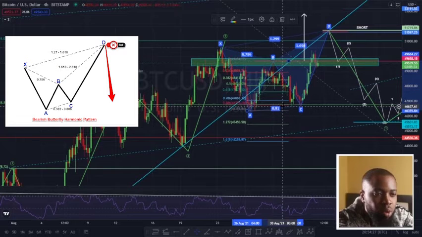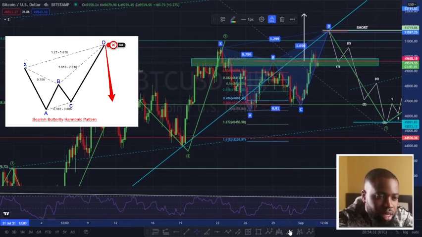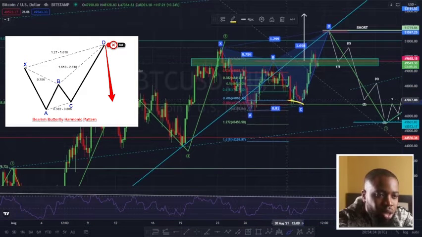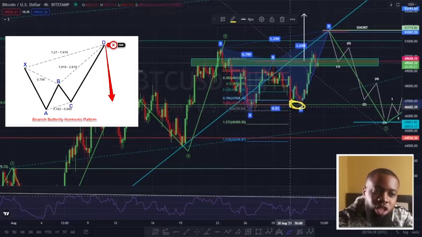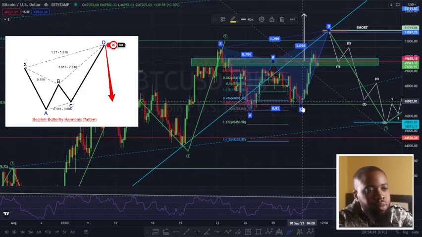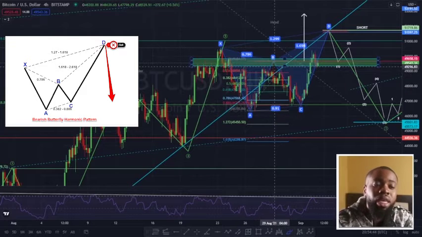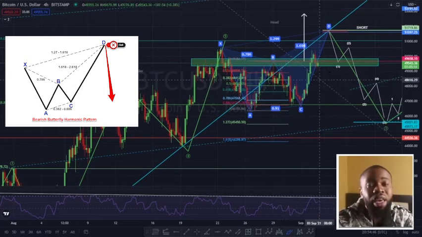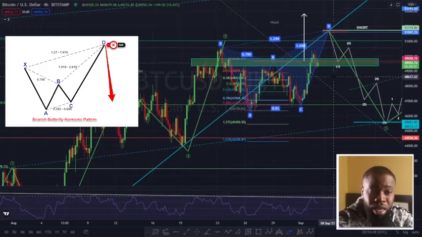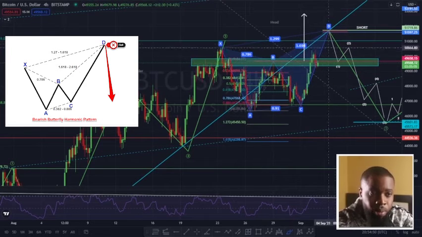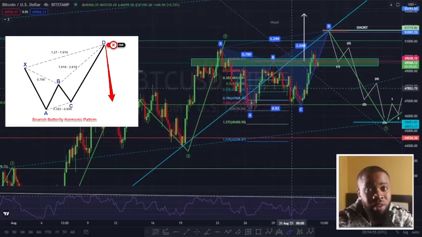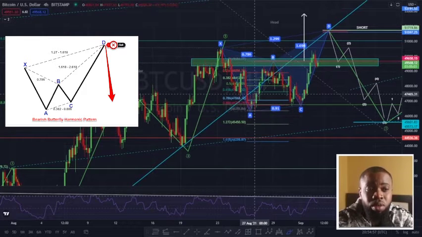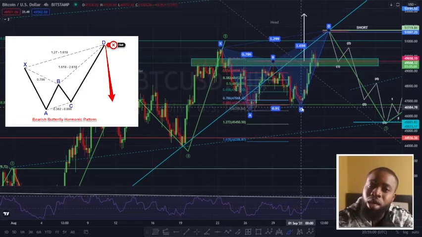We got to the 0.886, right? So you can see how accurate this harmonic pattern is playing out to be. We got a rejection from 0.886. And since then, we've made a micro higher high in the trend, signaling that, hey, this is possibly a butterfly pattern, because we met the Fib on the way up and we met the Fib on the way down also.